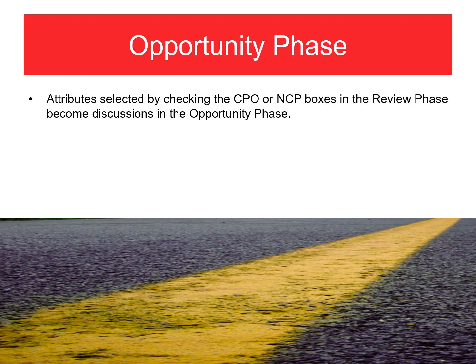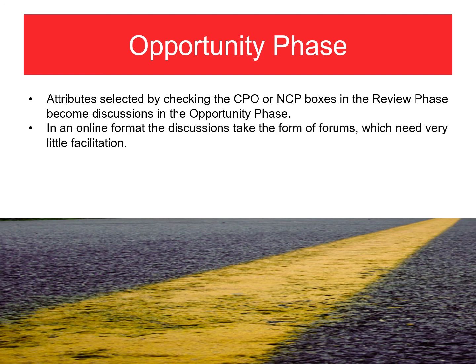The attributes that we selected by checking the CPO boxes have essentially moved into the opportunity phase to become discussions. These discussions could be done in an online format and take the form of forums with discussion threads. This is probably the best way to achieve this, and this is the capability that we have developed within the Roadmaps Institute to facilitate this also.